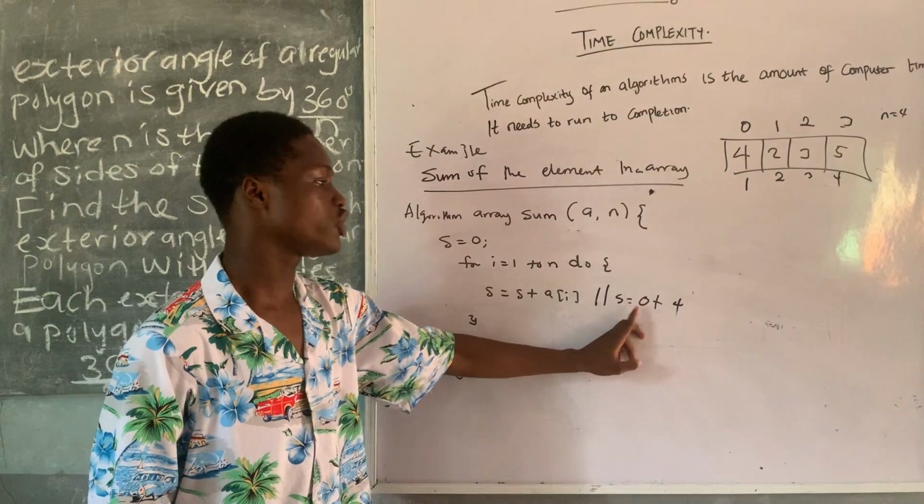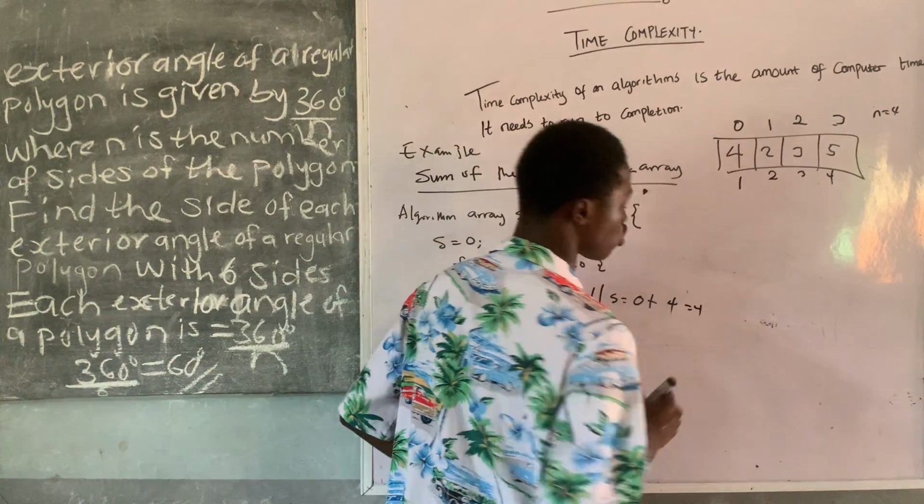So it's going to be 0 plus 4, equal to 4.